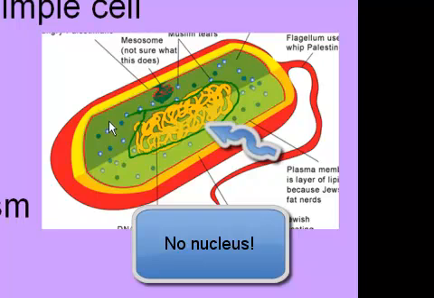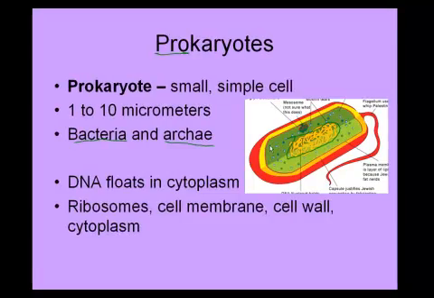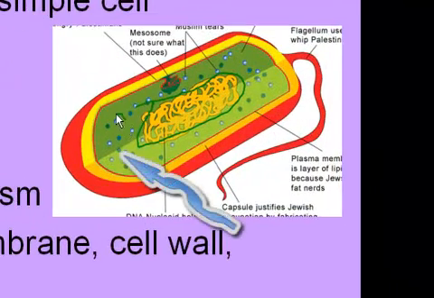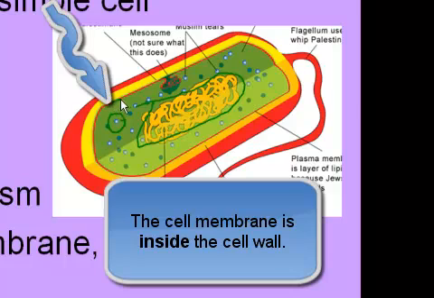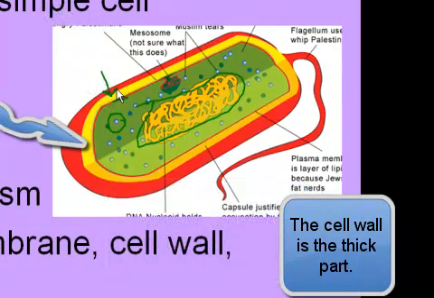It just floats around, so they don't have anything around their DNA to keep it organized. They do have ribosomes, these little dots right here. They have a cell membrane, which is this real thin layer here, and they have a cell wall, which is this thick area right here.